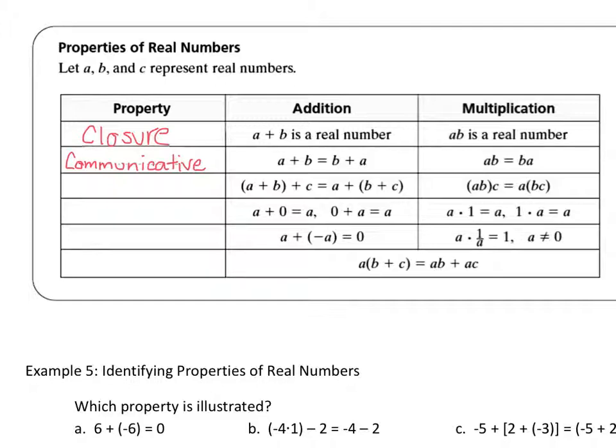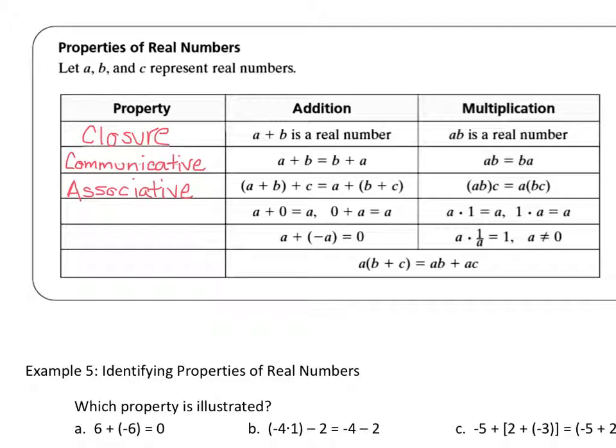All right, the next one is associative. This one has to do with grouping. Okay, so a lot of times it'll be parentheses. It's not the only one that has to do with parentheses, but most of the time it is.